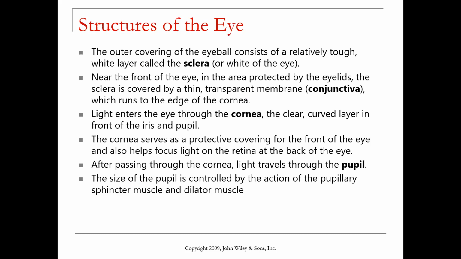In the front of the eyeball, we have a clear layer called the cornea. And the cornea is where light passes through. The sclera is transparent at that point. Light passes through the cornea. It goes through the pupil, the opening in the front of the eye, and strikes the lens.